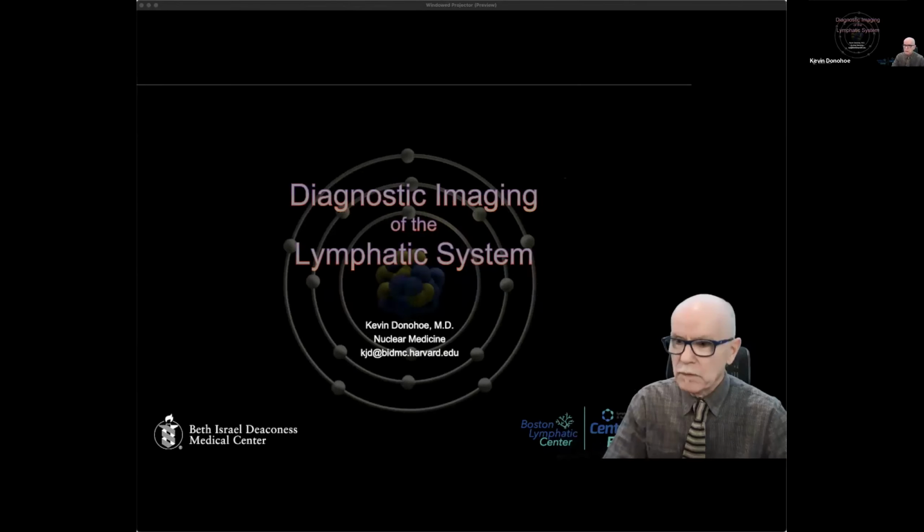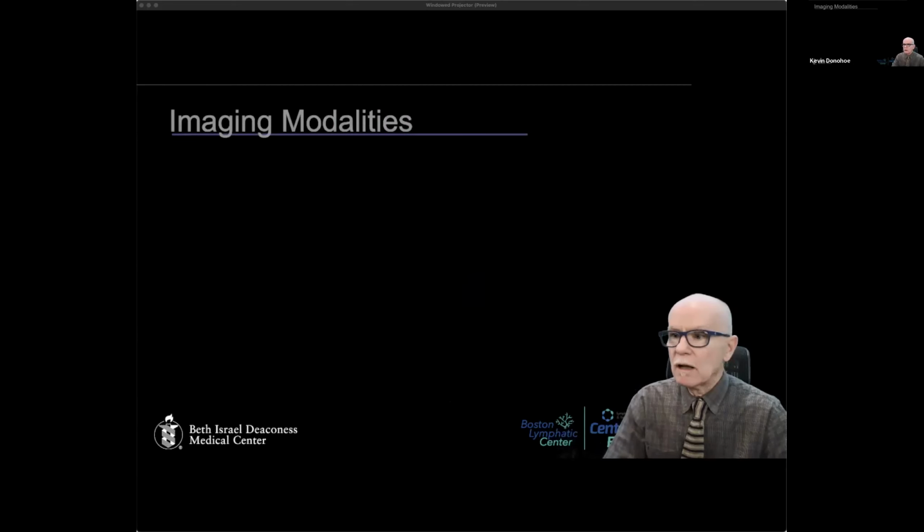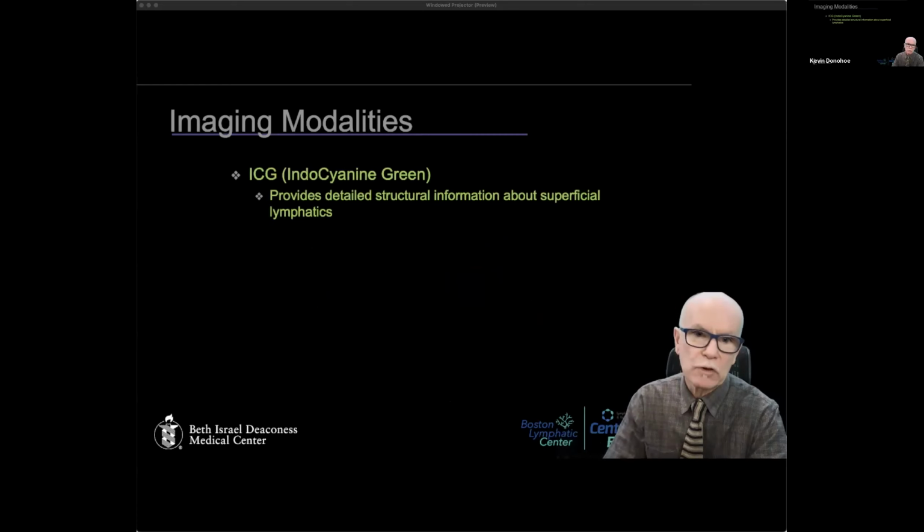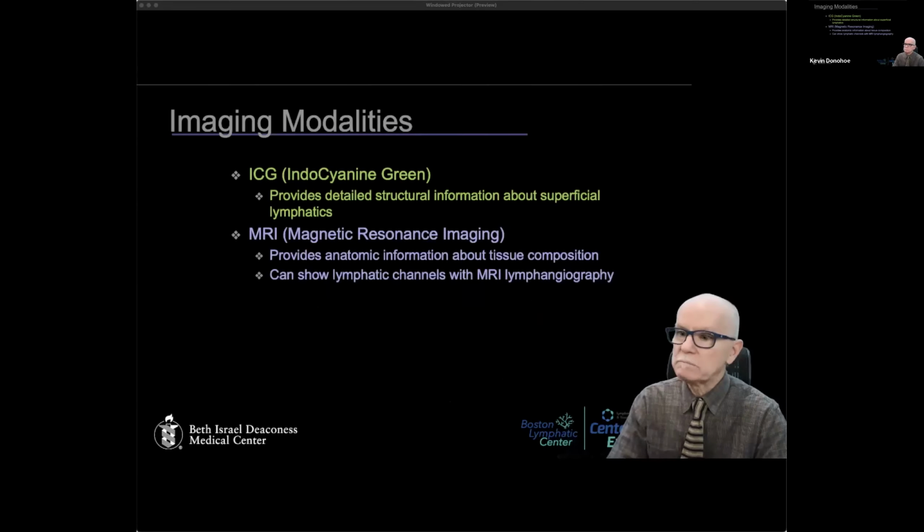So there are several different imaging modalities that we can use for imaging lymphatics, and they all have their strengths and weaknesses. ICG, indocyanine green, provides structural information about lymphatics, but mostly just superficial information.